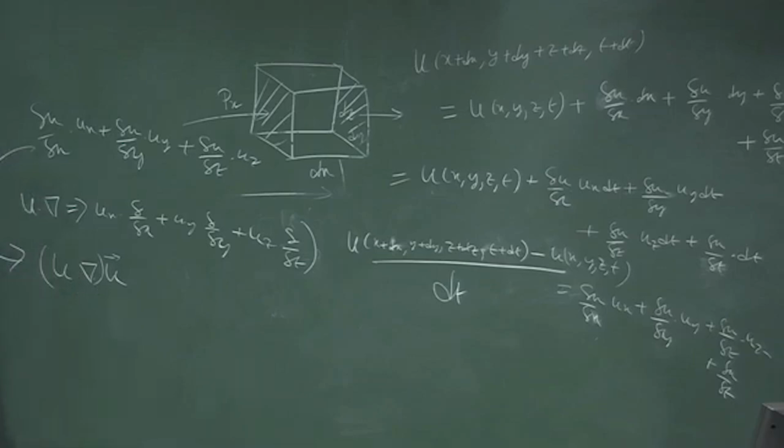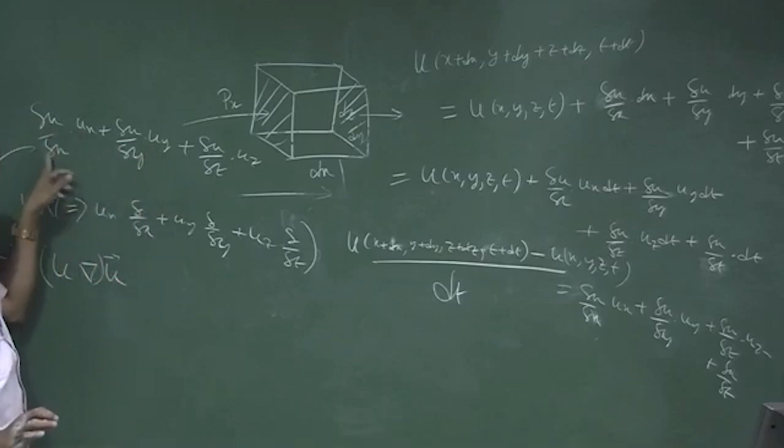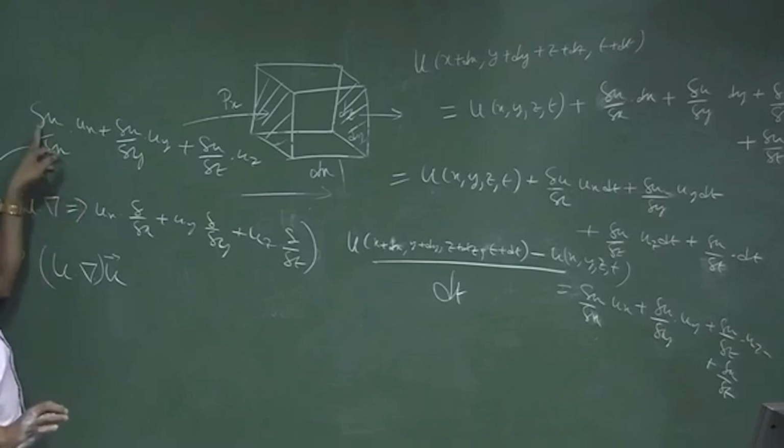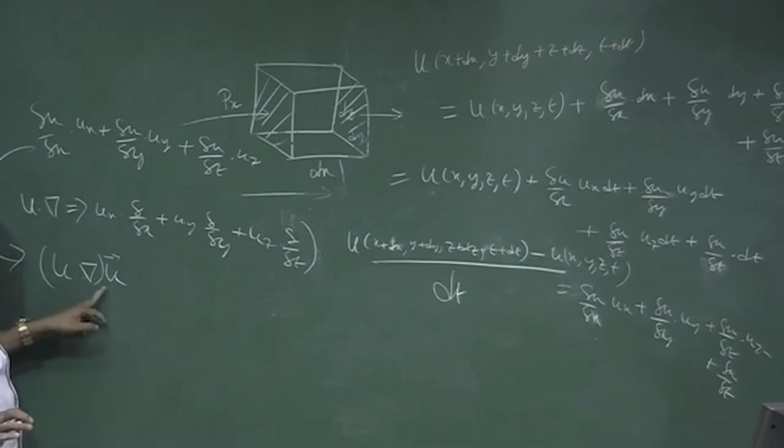Is the divergence of u okay or not? Okay. I consider u times del x, then I have du. So it is nothing but the divergence of this thing.